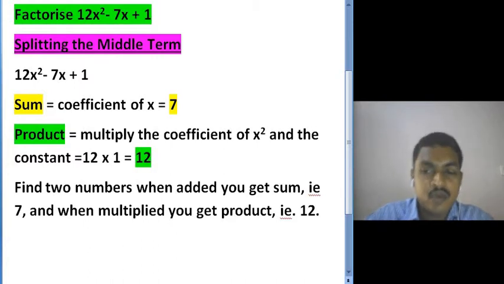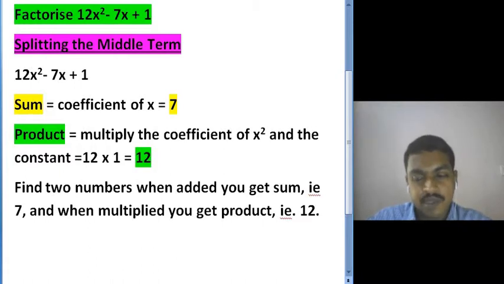If you can find two such numbers, your answer will be much simpler.